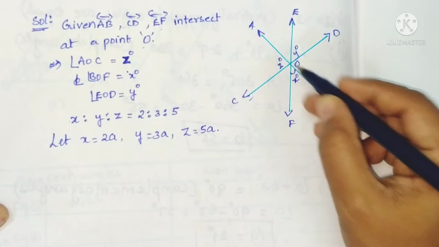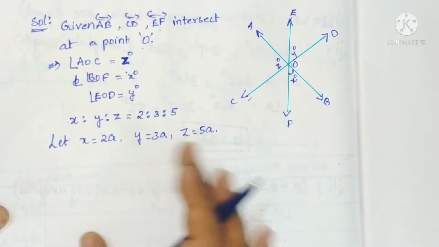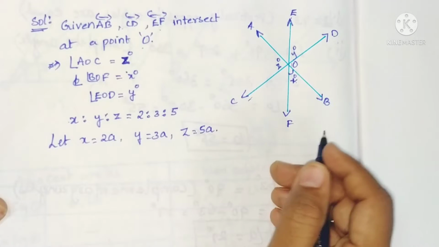Angle BOF and angle AOE are vertically opposite angles, so they both are equal.